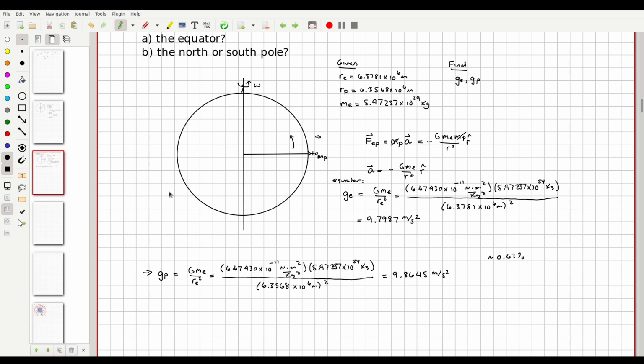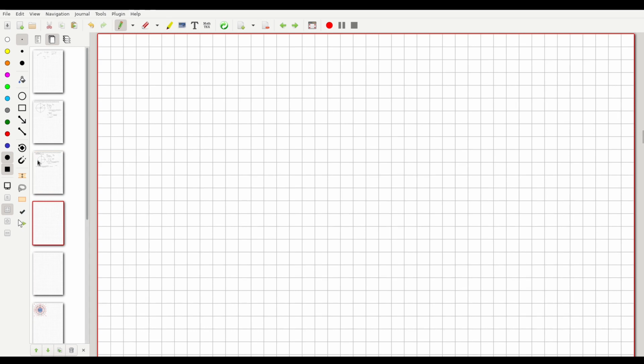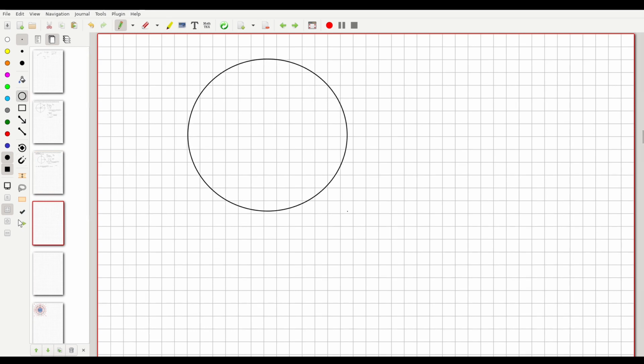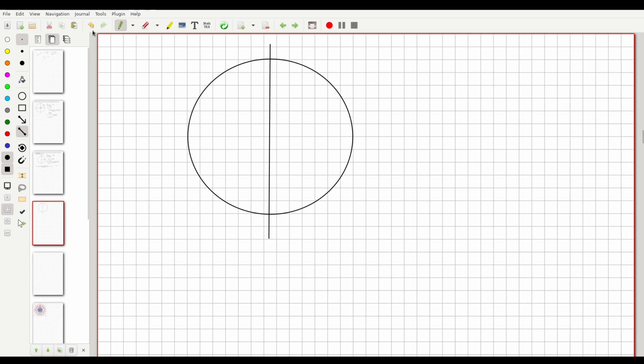So next up, what I'd like to talk about before we get into a discussion about energy is the fact that the Earth does rotate. So if you think of this right here, sort of as the Earth here, and let me once again draw our axes here. Here we go.